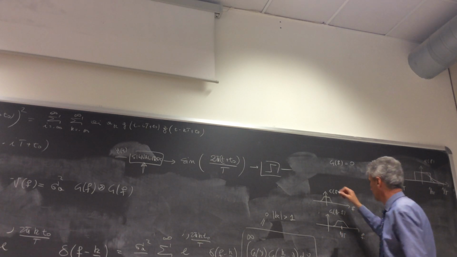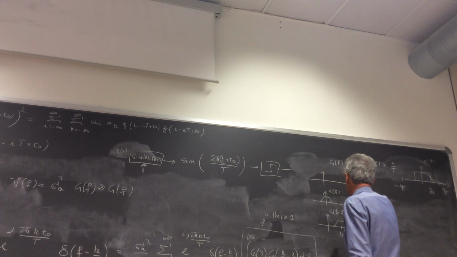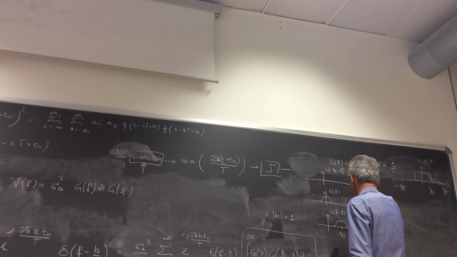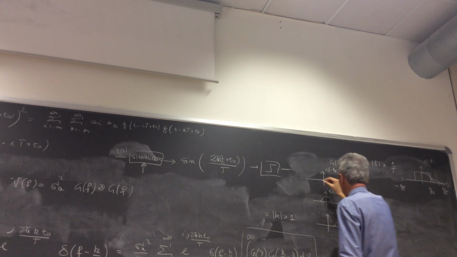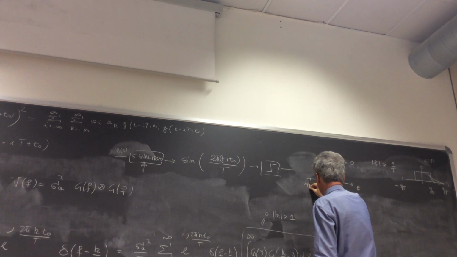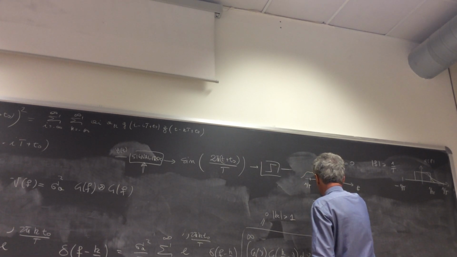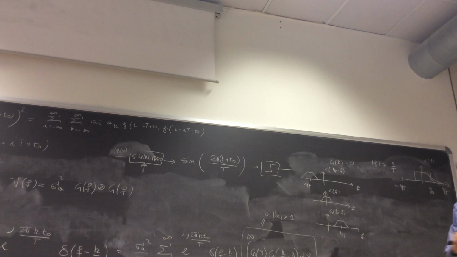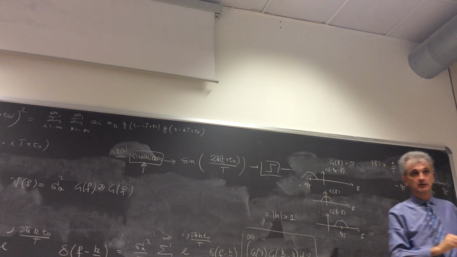Okay, and so this will be G of minus 1 over t minus f versus f. This is 1 over t. Okay, do you see? With the minus in front.